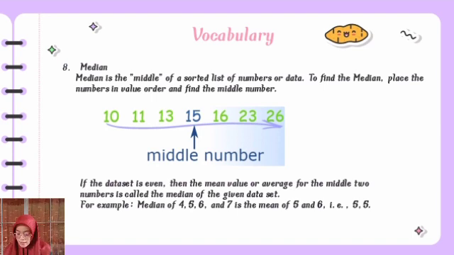If the data set is even, then the mean value or average of the middle two numbers is called the median of the given data set. For example, the median of 4, 5, 6, and 7 is the mean of 5 and 6, which is 5.5.